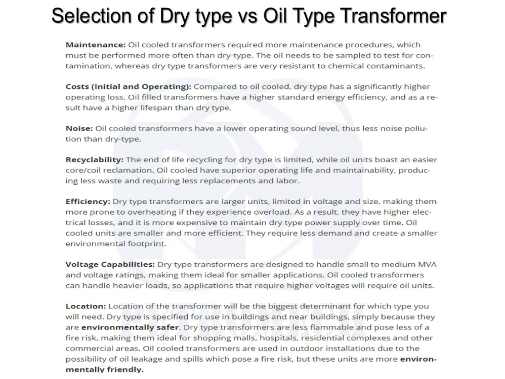Not only on the fire risk part, I would also like to emphasize that if there is a leakage of this oil type transformer, with proper trenching, I need to take it to the nearest soak pit where I need to dump the unwanted oil that gets collected. So these are some important key points which would definitely help us in the selection of dry type versus oil type transformer for any of our projects.